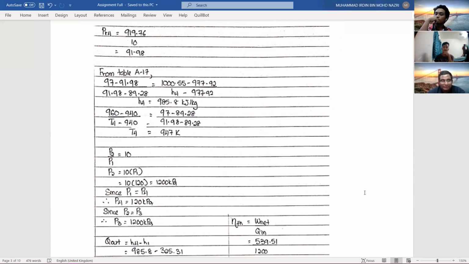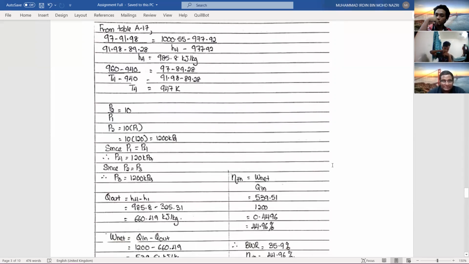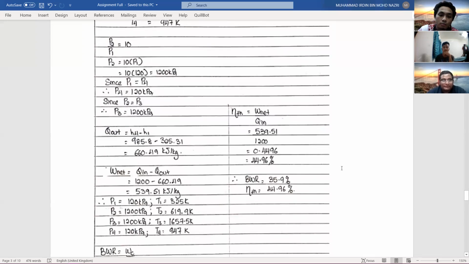From there, we need to do another interpolation to find the temperature at point 4, which is 947 Kelvin. By using the pressure ratio, we can find P2, which is 10 times P1, so P2 is equal to 1200 kilopascal.